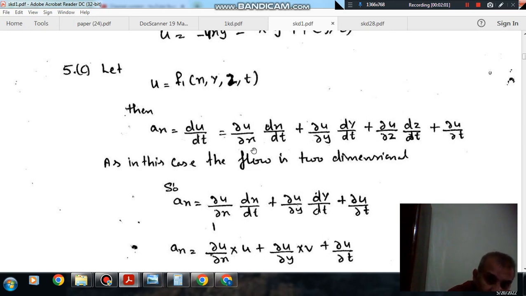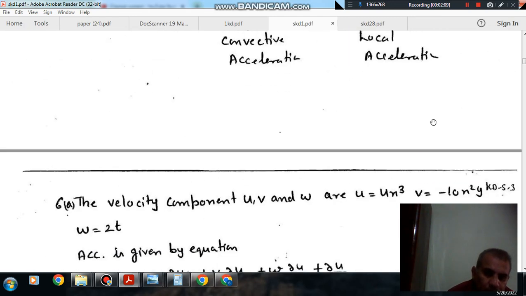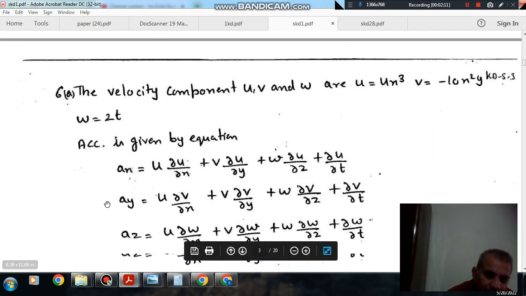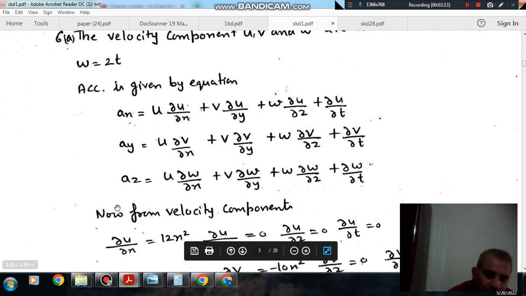First differentiating with respect to x, then differentiating x with respect to t, and then y, and then z, and then the partial differentiation of u with respect to t. So that is the formula in the x direction. Similarly, the formula in the y direction is this, and in the z direction is this.